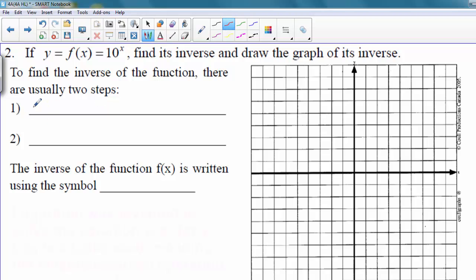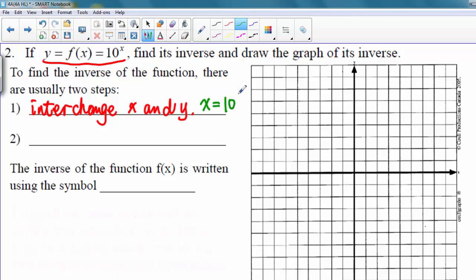Step 1, we interchange x and y. So in this original function, y equals 10 to the power of x, we switch around x and y. We will get x equals 10 to the power of y.